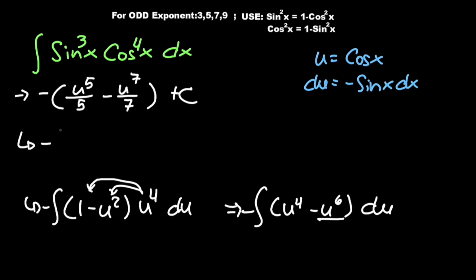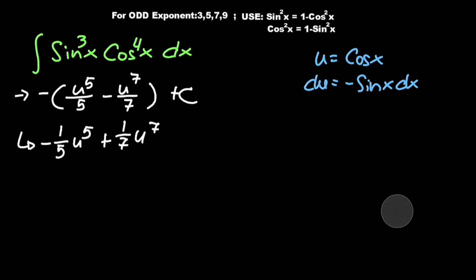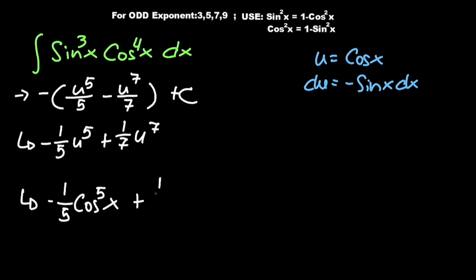Distributing negative, we would have negative 1 over 5 u to the power of 5 plus 1 over 7 u to the power of 7. Final answer would be negative 1/5 of cosine to the power of 5 of x plus 1 over 7 cosine to the power of 7 of x plus c.